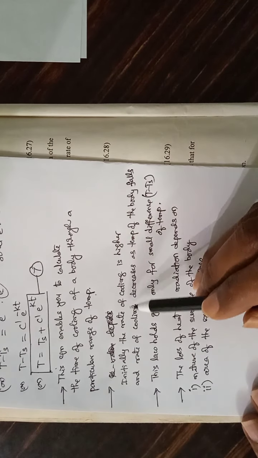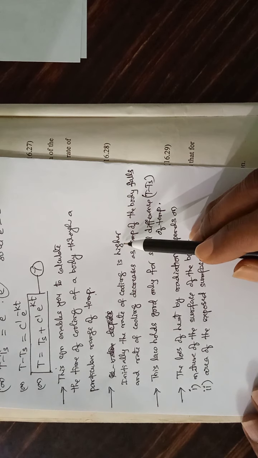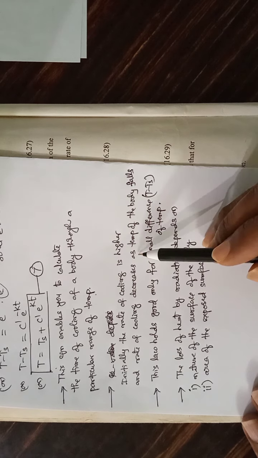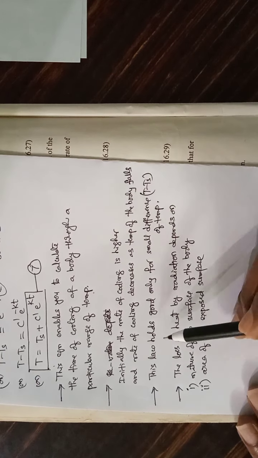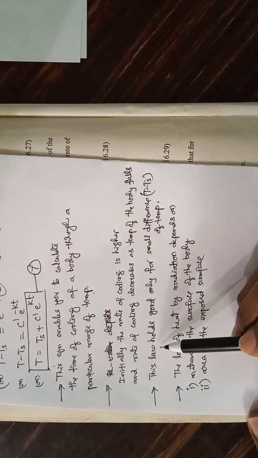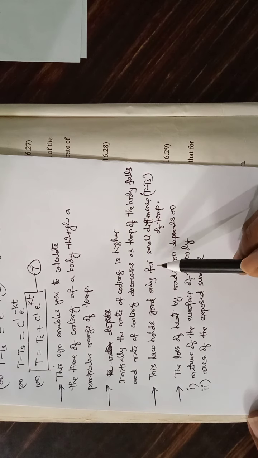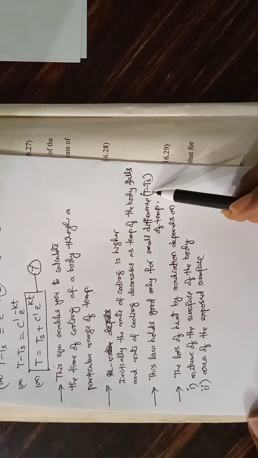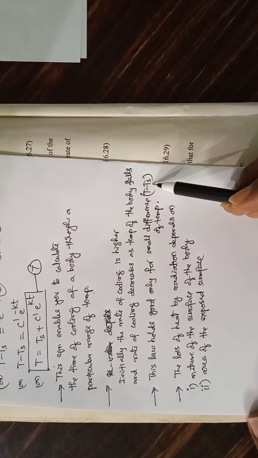Initially the rate of cooling is higher, and the rate of cooling decreases as the temperature of the body falls. Next, this law holds good only for small difference of temperature. That is, when T minus Ts is small, only then does this law hold good.